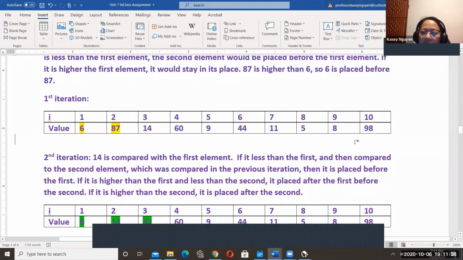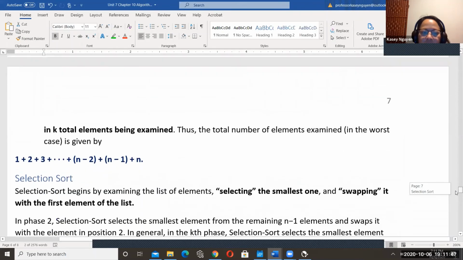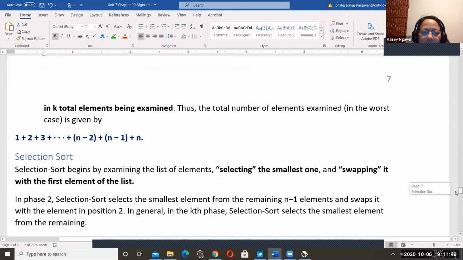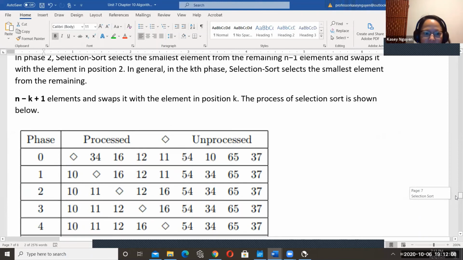Okay, so let's talk about selection sort. In selection sort, it would examine starting with the smallest one, and then we would do a swap. The easiest way to look at this is the table here.